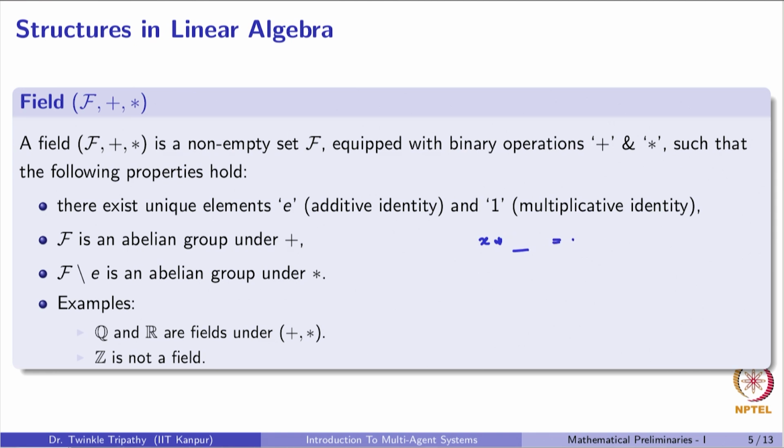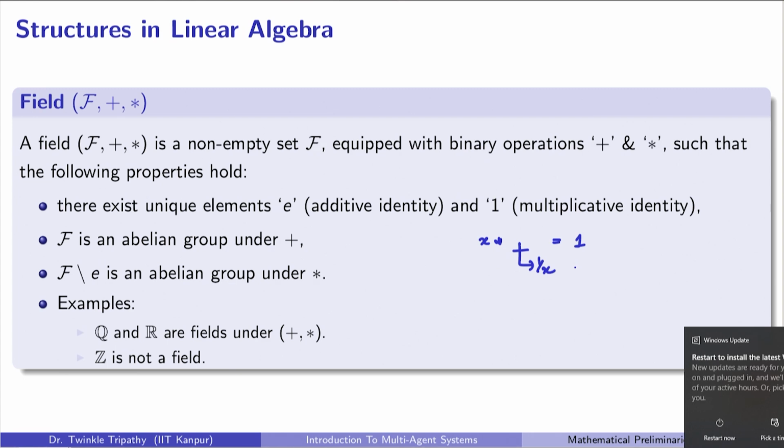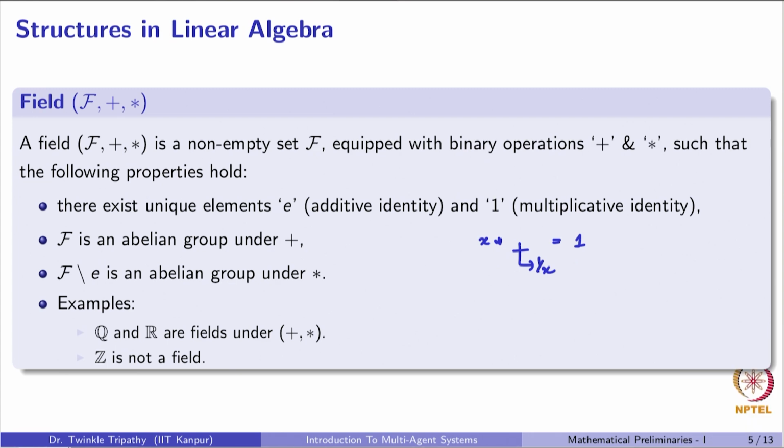Now, what should this entry be so that I get back the multiplicative identity, which I denote with 1? Now, what should this element be? It is 1 by x. Note that 1 by x may not belong to the set of integers. Hence, the multiplicative inverse of x is not a part of the set, meaning the set Z is not a field.